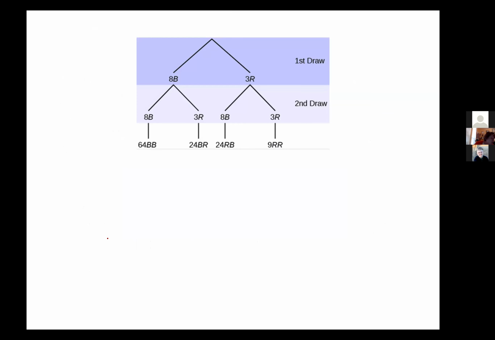All right, so let's list the 24 BR outcomes. So that's right here. If we look at the BR outcomes, then we could get on the first draw a blue, and on the second draw a red. So we could get B1R1. That's the first ball is a blue, and on the second draw we get a red.